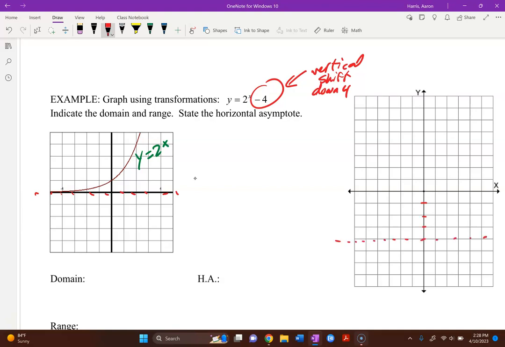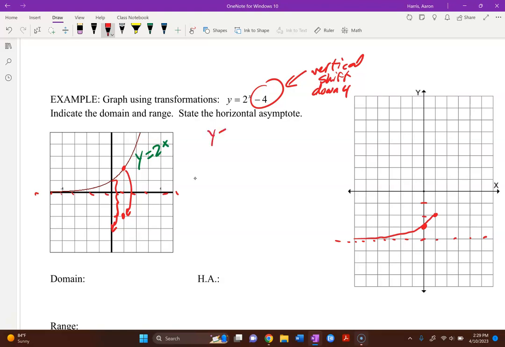Y equals negative 4. And all the other points are the same. So instead of 0, 1, that'll bump that down 0, negative 3. It'll bump it down 4. Instead of 1, 2, we'll go down 1, 2, 3, 4, down to there. Or, I'm sorry, 1, negative 2. So anyway, the rest of it is going to look like that.